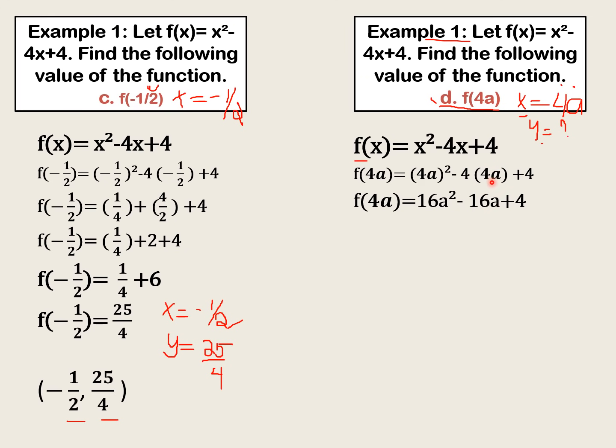Then, copy a. 16a plus 4. Okay. Ulitin ko lang. Paano nakuha to? 4a squared becomes 16a squared minus 4 multiplied by 4, 16. Then copy a. Okay? Plus 4. Okay, next.